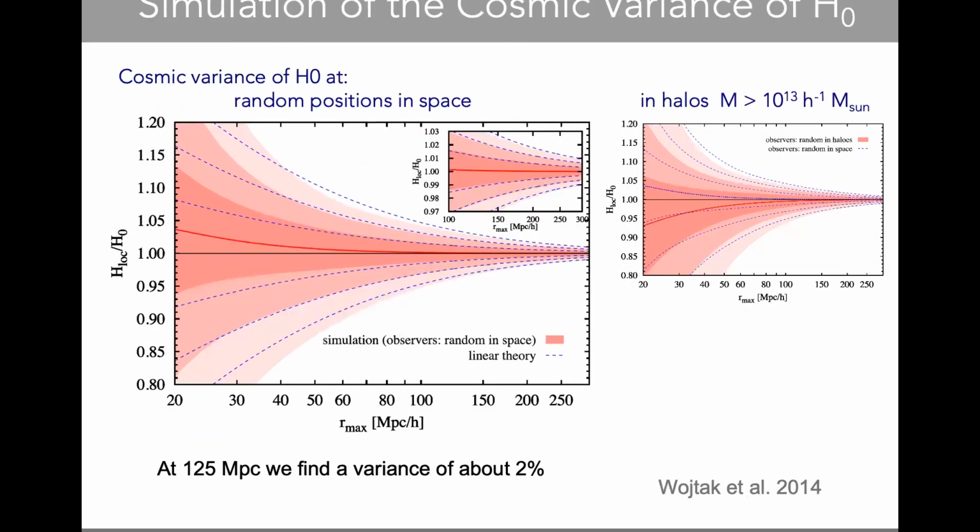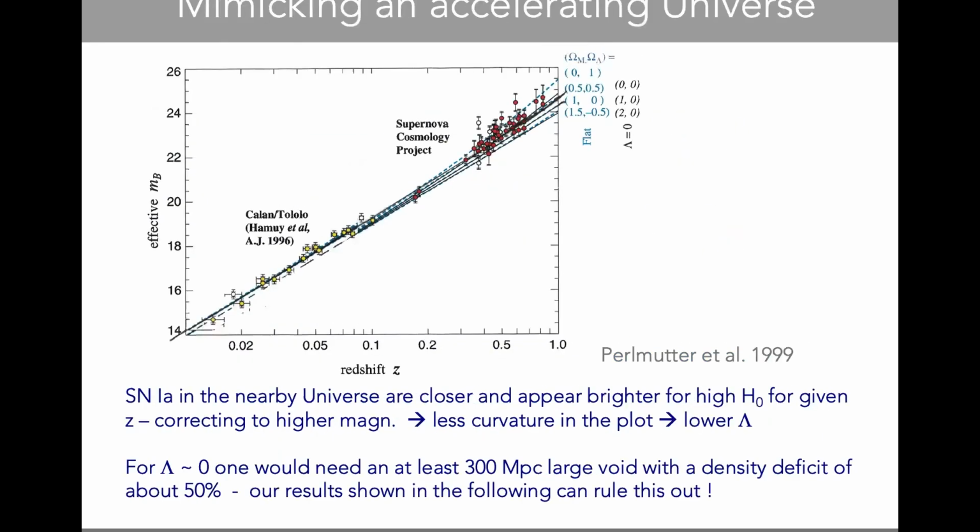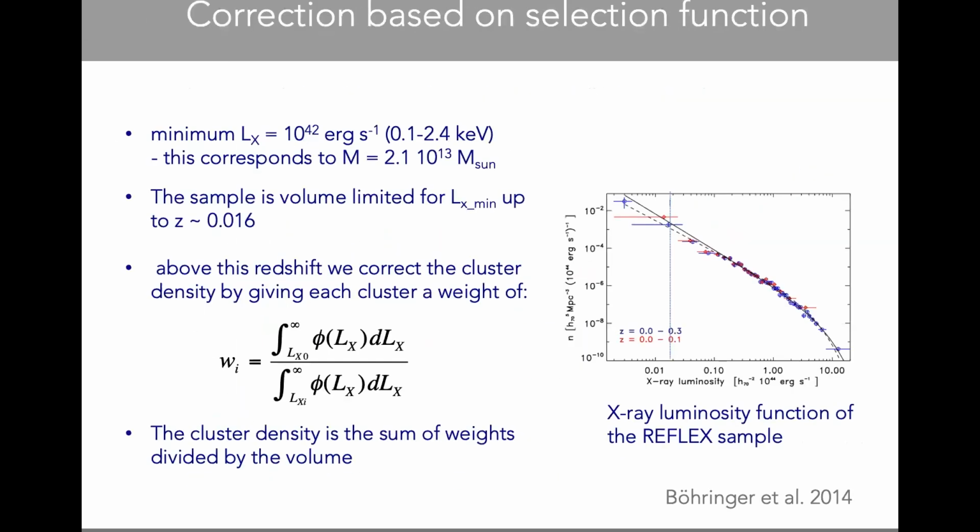I don't know exactly how to answer your question, but if I go back to this slide, one of the problems we have is we calibrate, of course. We know from interstellar column density that we get from 21 centimeters, for example, how much X-rays are absorbed.